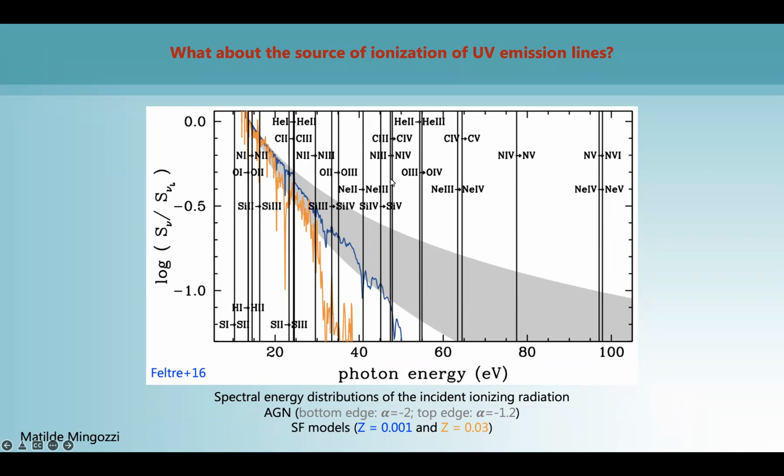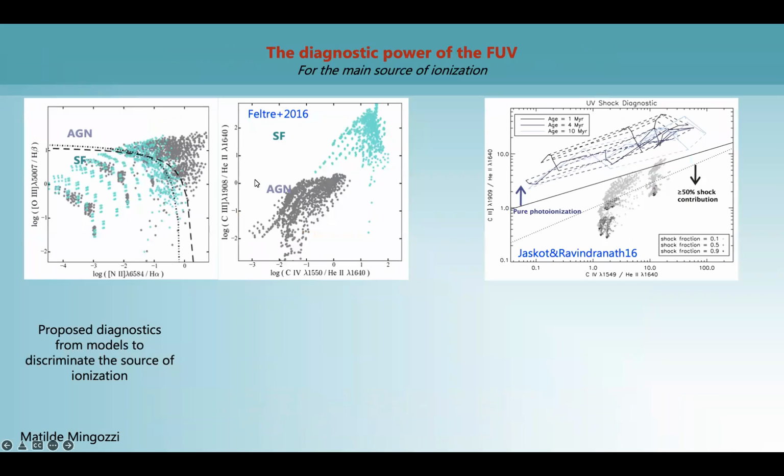And in the optical, we know that there are the famous BPT diagrams that compare oxygen 3 H beta versus N2 H alpha, for example, which are very useful to divide AGN and star formation. In 2016, the first UV BPT diagrams were proposed, analogues to the optical diagnostics, to differentiate between star formation and AGN.